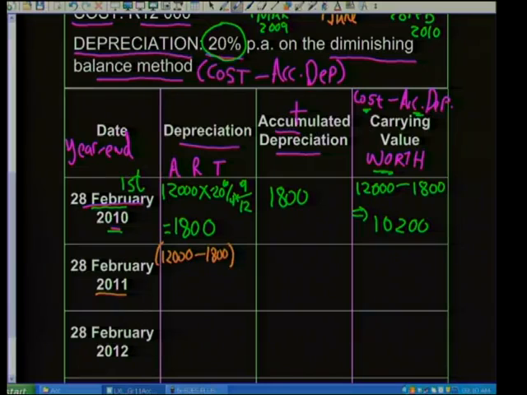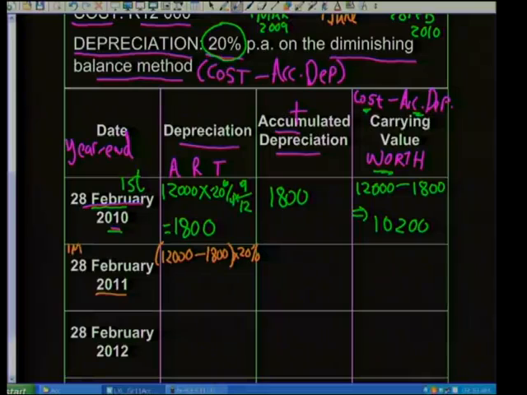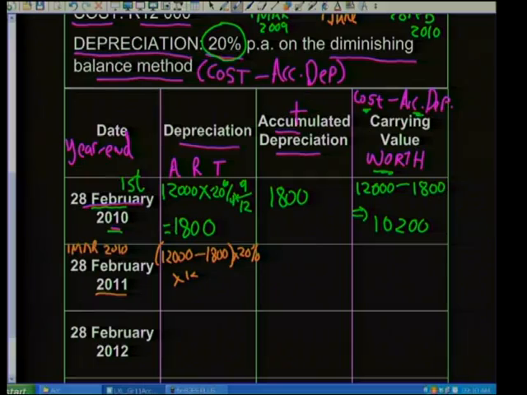I am then going to multiply this by the rate, which is 20%. And remember, at the end of the next financial year, you've obviously owned the asset for the entire year. In other words, you've owned the asset from the beginning of the year, which would have been the 1st of March 2010, until the end of February 2011. In other words, you've owned the asset for that entire 12 months. So times this by 12 over 12, which obviously will cancel out.